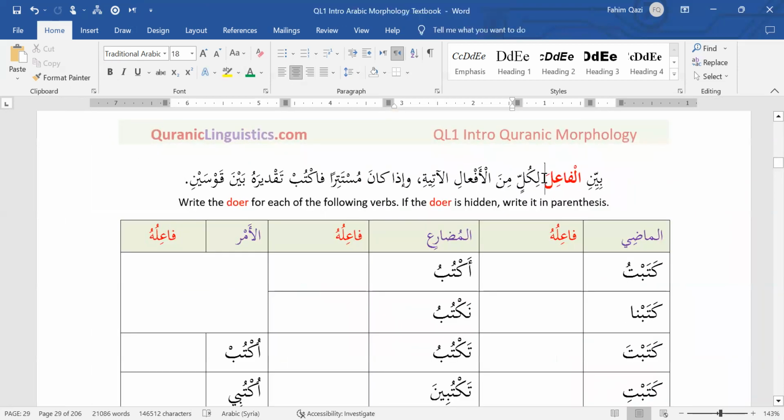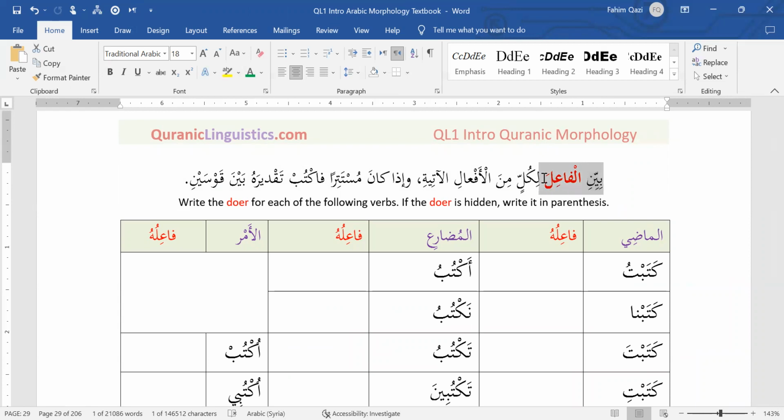Next, you have a homework practice in which you are expected to identify الفاعل. بين الفاعل لكل من الأفعال الآتية. For all the below verbs, mention, بين means to clarify, to explain what the fa'il is. وإذا كان مستترا, if it was mustatir, hidden, then فاكتب تقديره بين قوسين, then write it in parentheses.